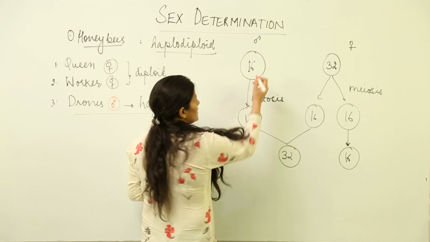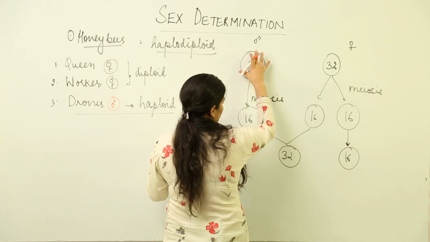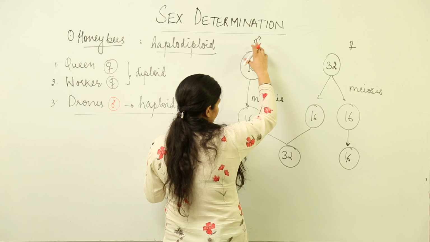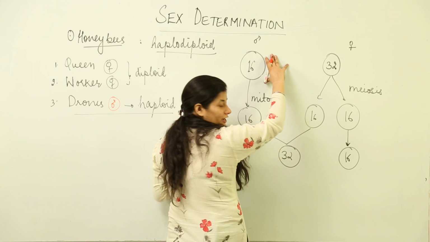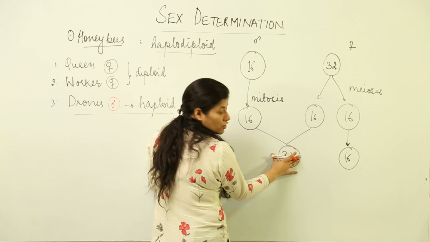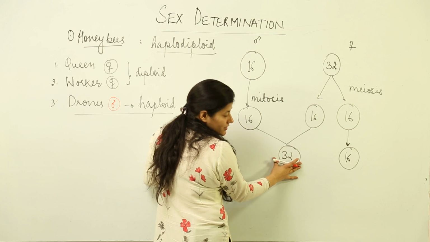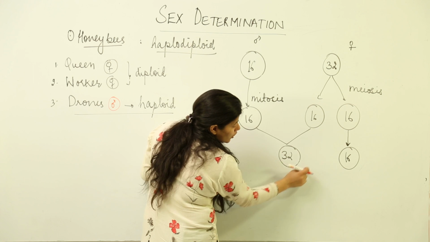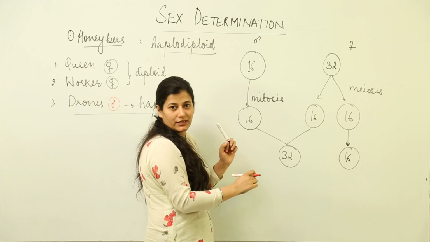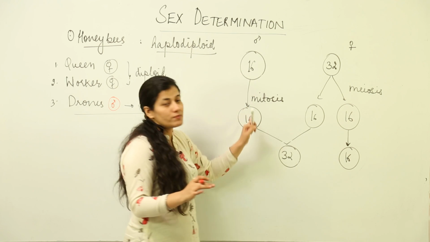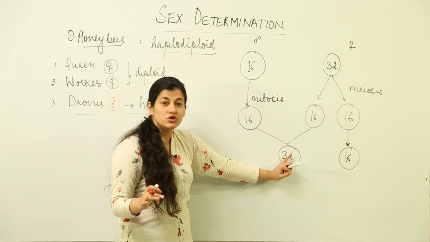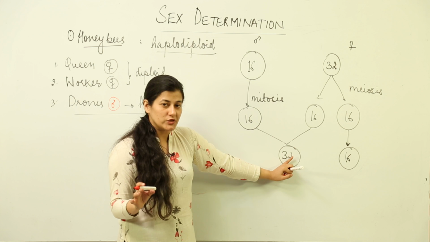Now you see, this is the male, this is the female. Let this be the parent, that is the grandfather, then this is the offspring. This is the daughter and it is not going to have any son. No male is born out of the male. Every time the male forms a gamete, it is going to give rise to a female. This is what I meant.